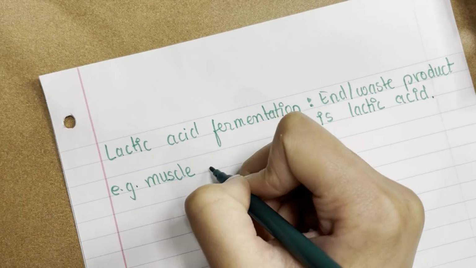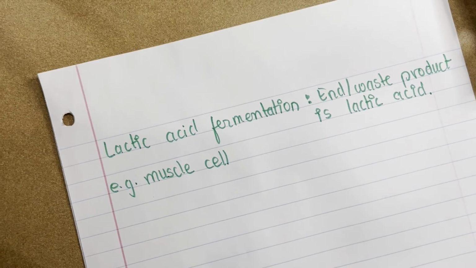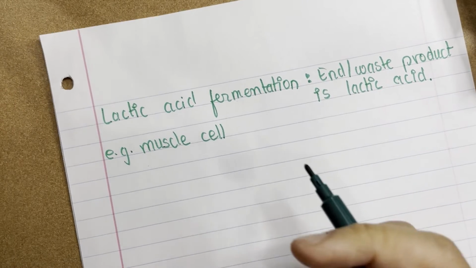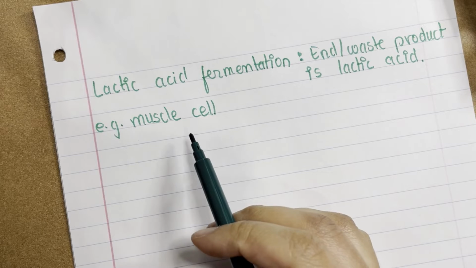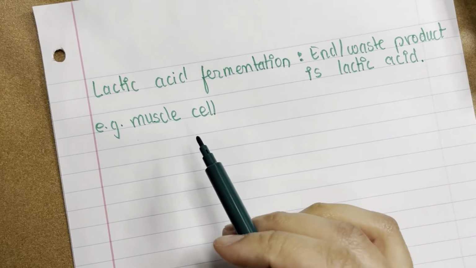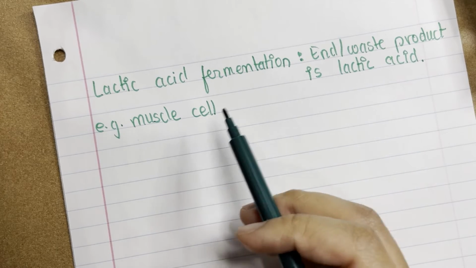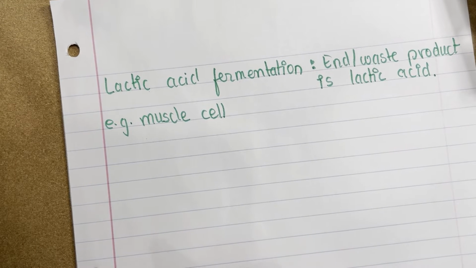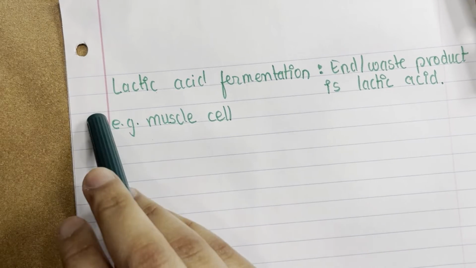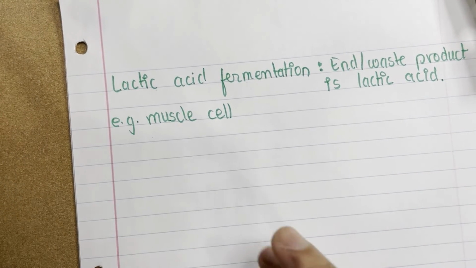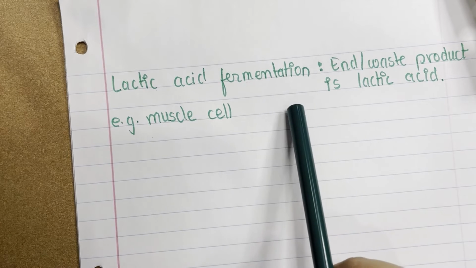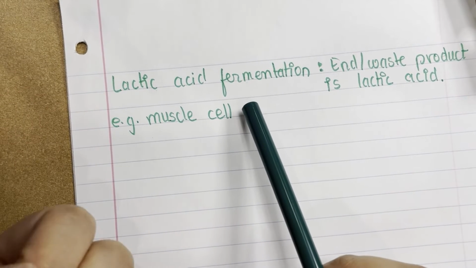When we work out really hard and our muscles start to ache, it is because even though our muscle cells usually do aerobic respiration, they switch when we start working out really hard. They just can't keep up with the oxygen demand, and so they switch to lactic acid fermentation, and the muscle cells actually form lactic acid, which makes our muscles ache.